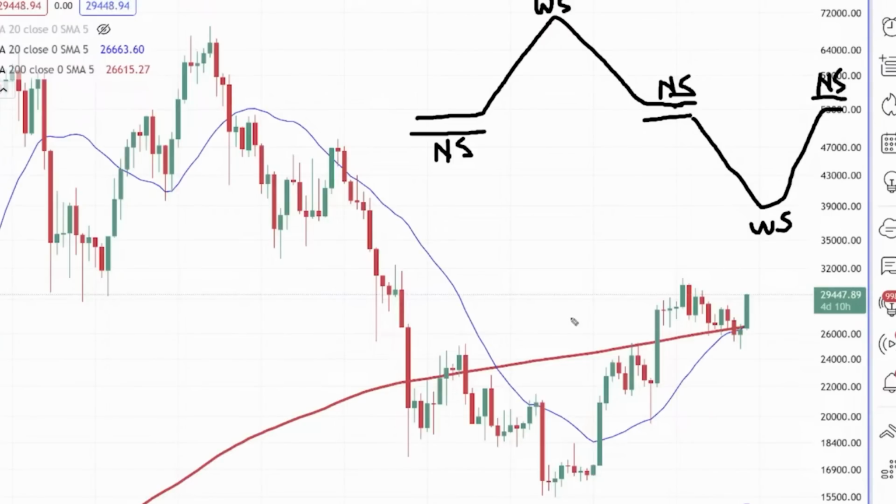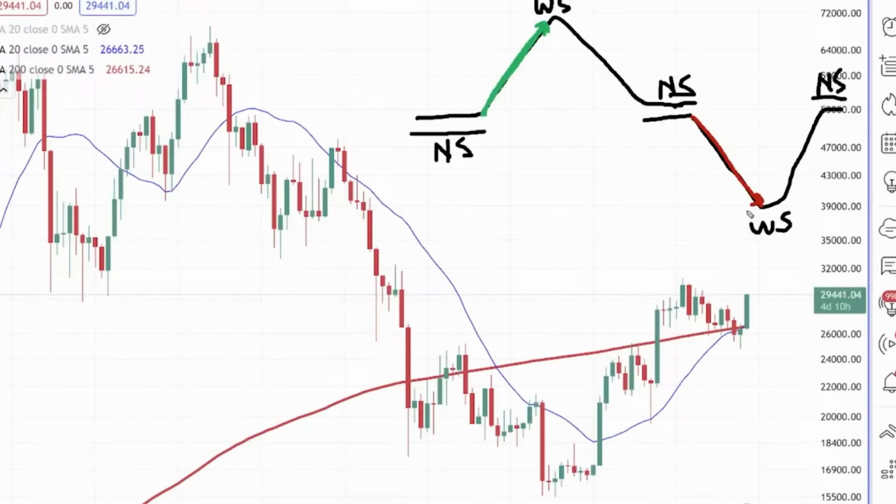Sometimes you're going to move up from a wide state. Sometimes you're going to move up from a narrow state to a wide state. Sometimes you're going to move down from a narrow state to a wide state. But all markets do is vacillate between these two states.